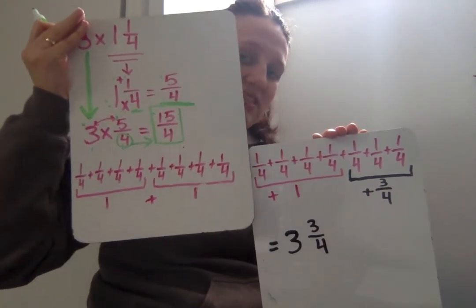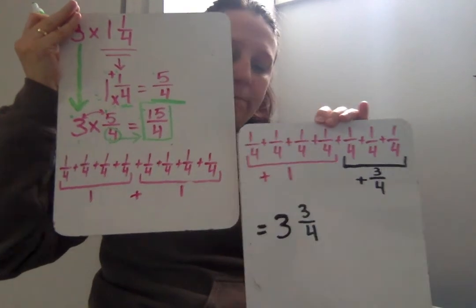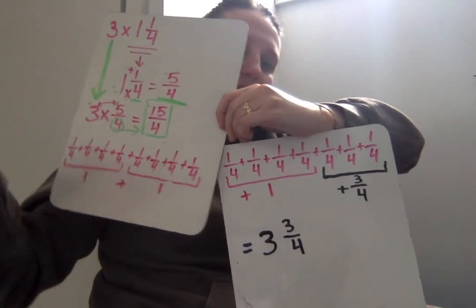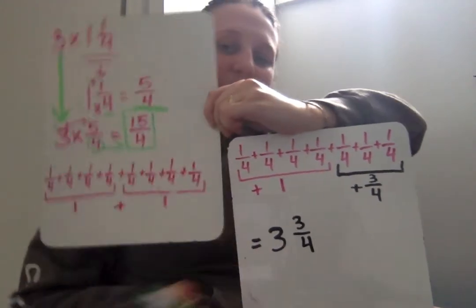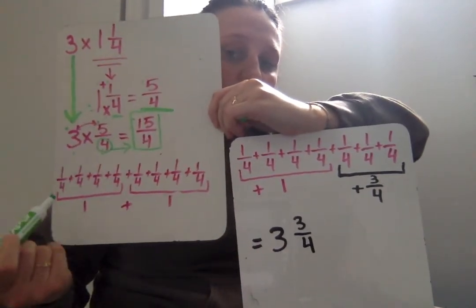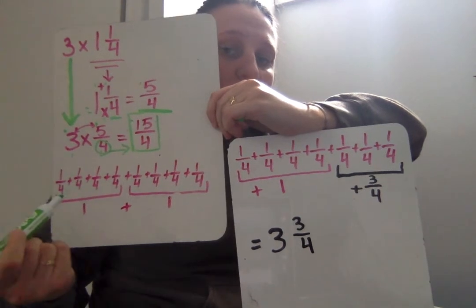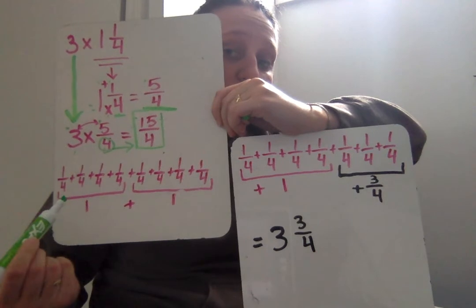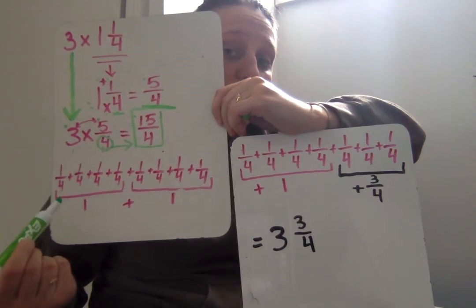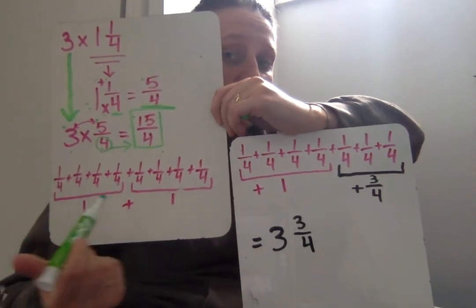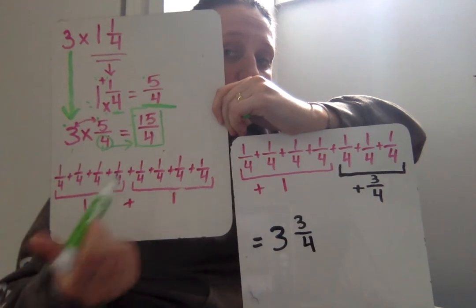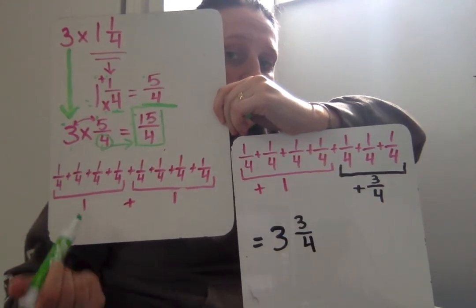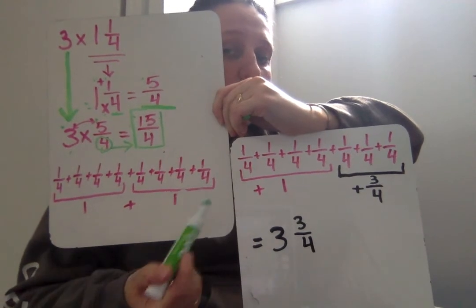Remember what we had said: the 4 at the bottom tells you how many pieces you need in order to make a whole. So you need 4 1/4s to make a whole pie. So we have 1, 2, 3, 4. That makes a whole, and I put the 1 at the bottom.